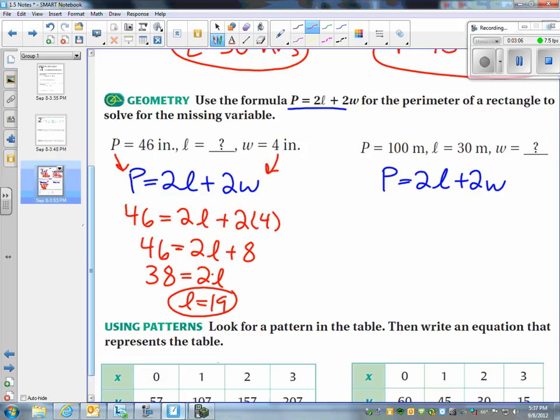This one, same thing. Fill in what you know. P is 100. L is 30. So fill those in. Now we multiply those.